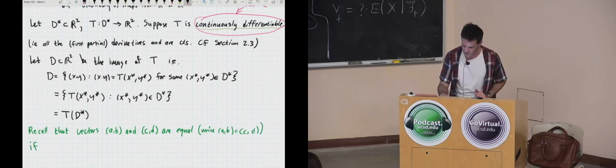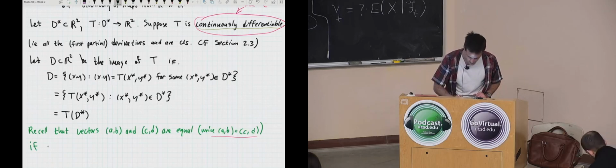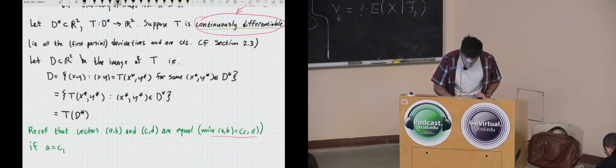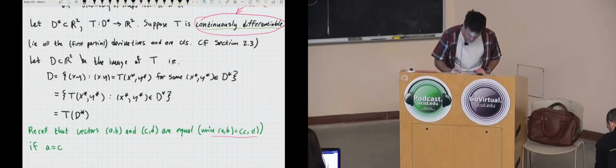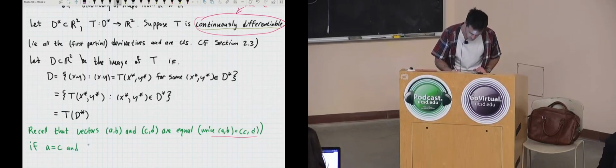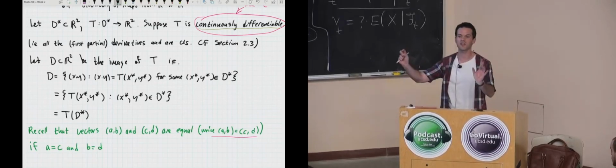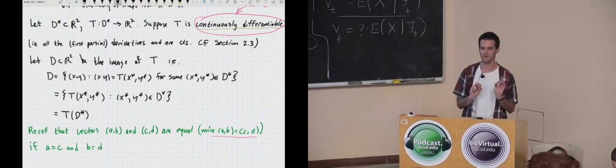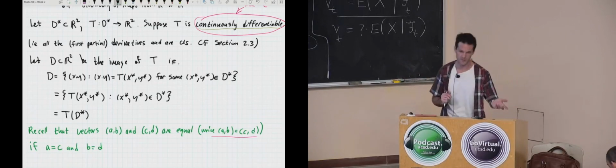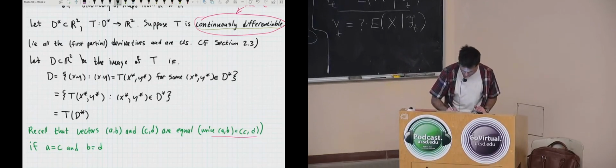That single equation actually stands for two equations. It stands for A must equal C and B must equal D. So saying two vectors are equal means each of the components is equal to the corresponding component in the other vector.